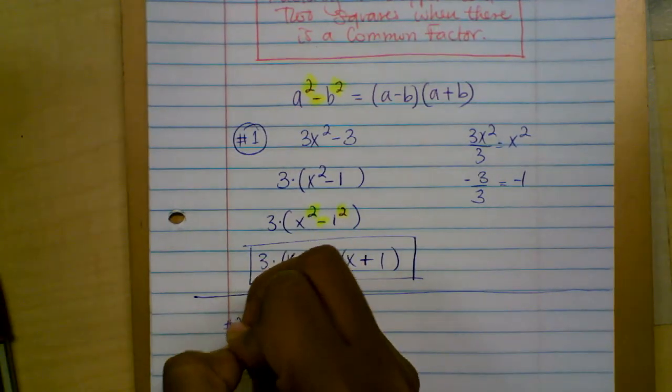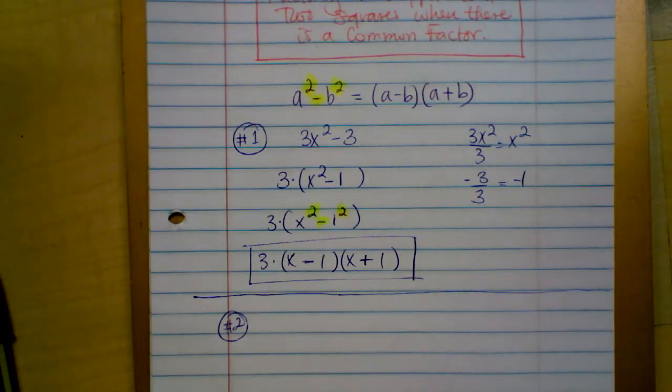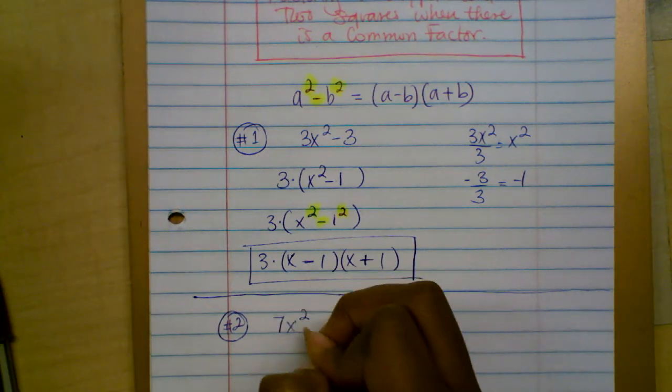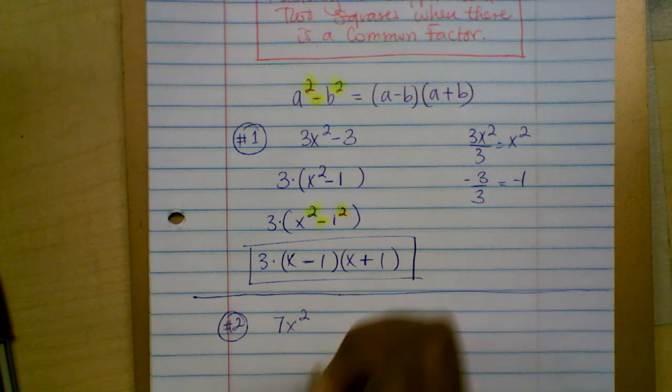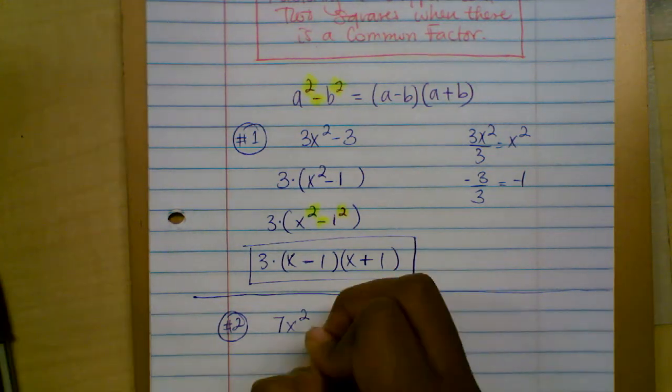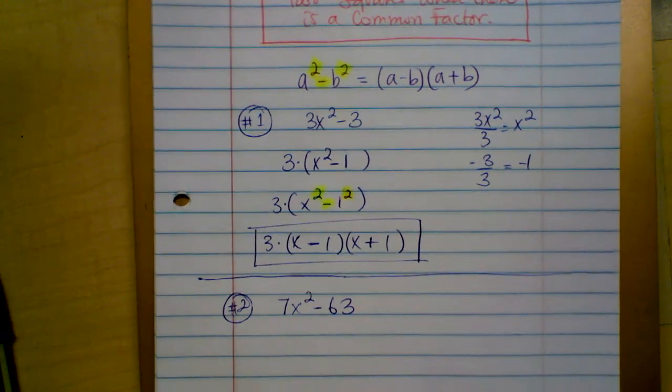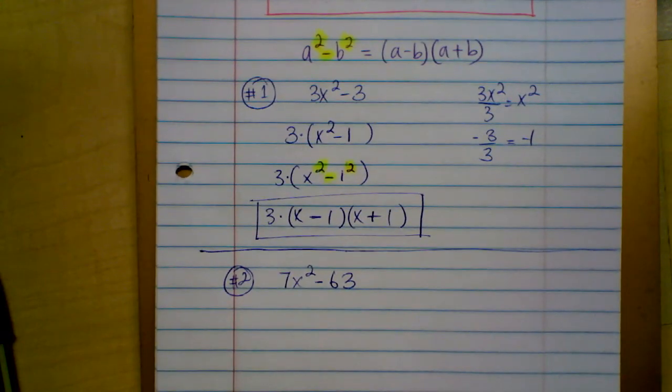For example number 2, let's say I want you to factor 7x squared minus 63. There is a common factor that you can pull out first to identify the difference of two squares.